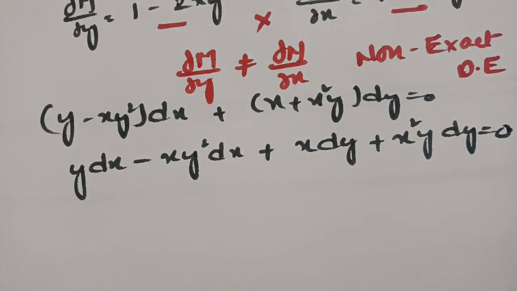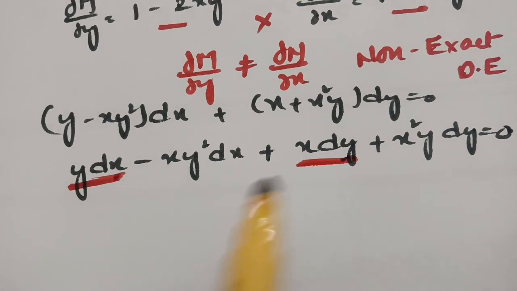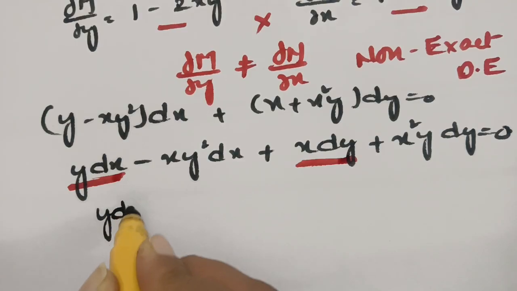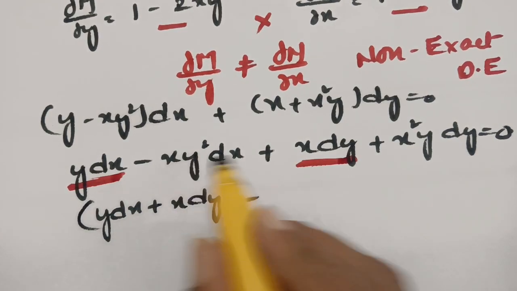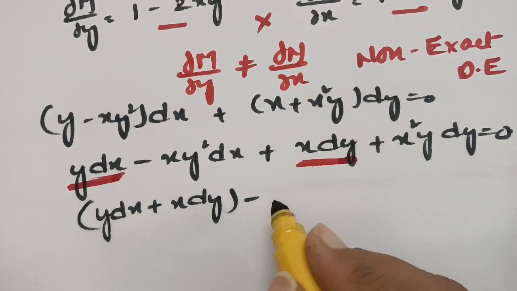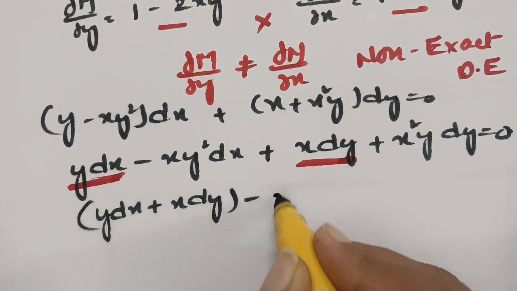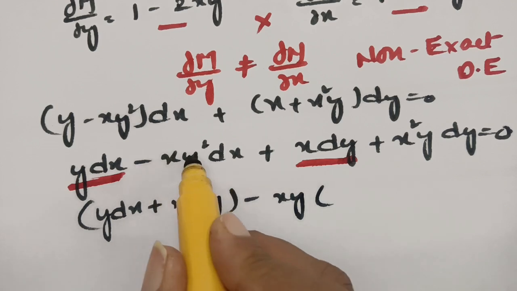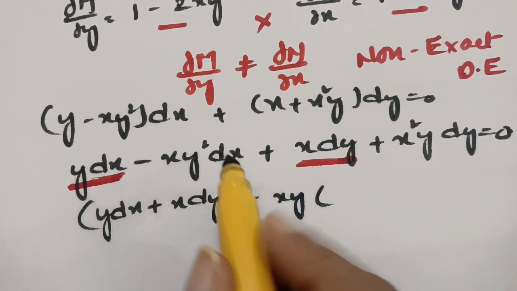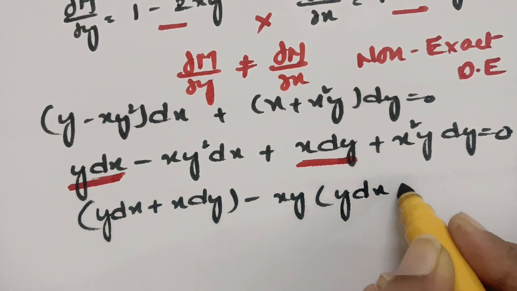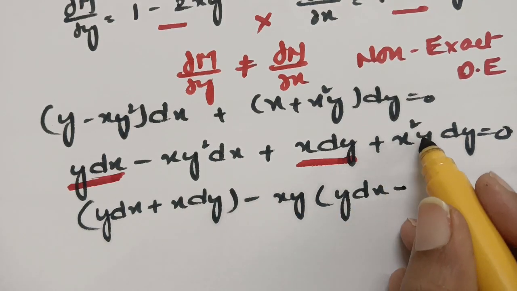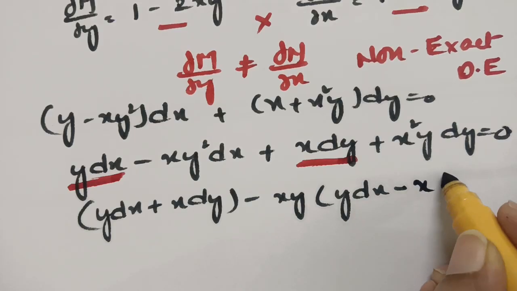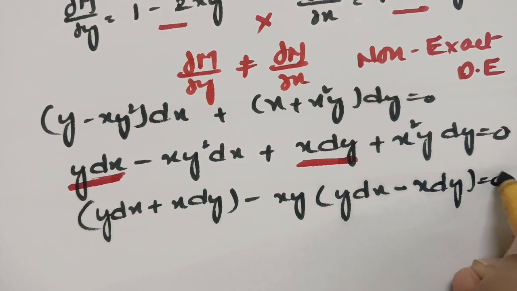If I bring these two aside, this will be y dx plus x dy. Plus, from these two, if I take xy common, taking x and y common, this will be y dx minus x dy is equal to 0.